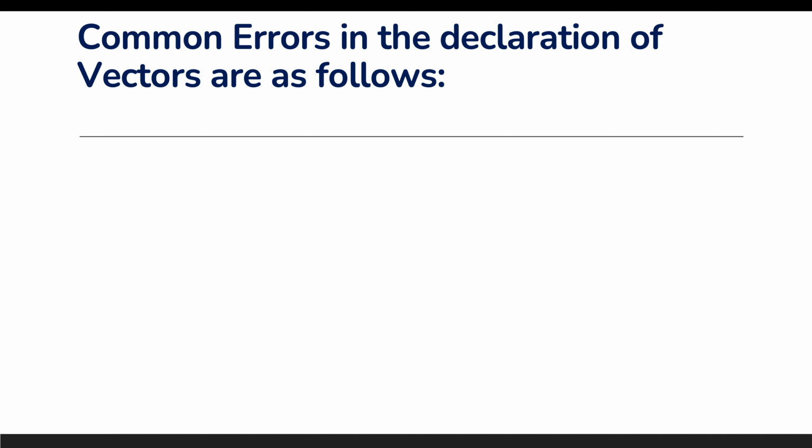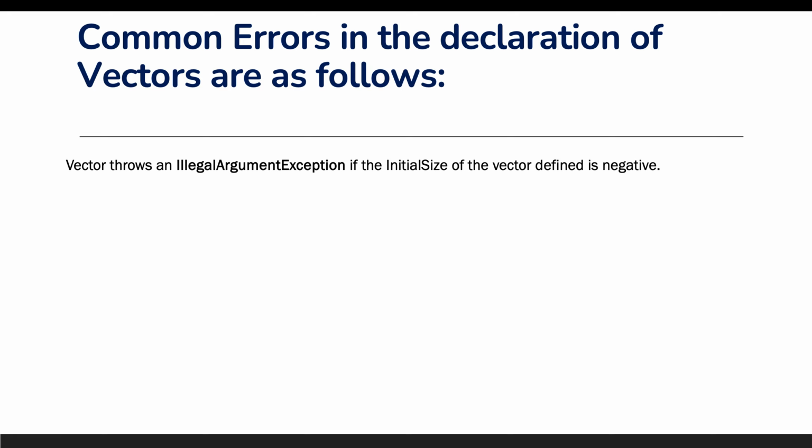Now let's see common errors in the declaration of the vector class. Vector throws an illegal argument exception if the initial size of the vector defined is negative. We have already seen we can create the vector class object without providing any size, so Java is going to provide the default value. We can provide the value, but it should be positive.